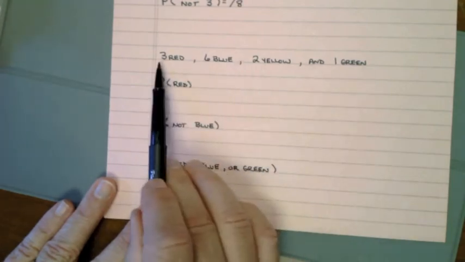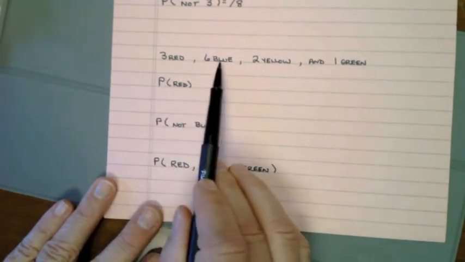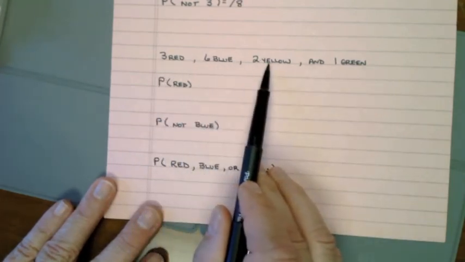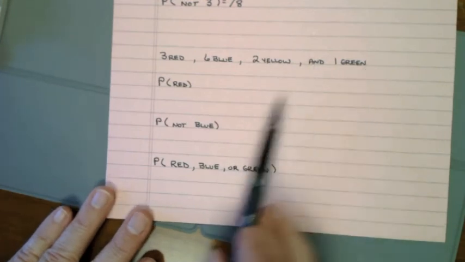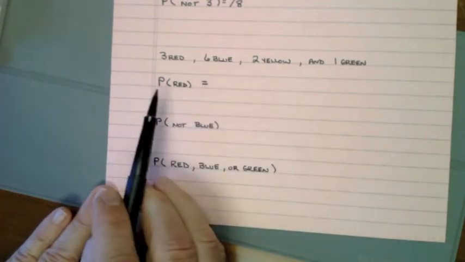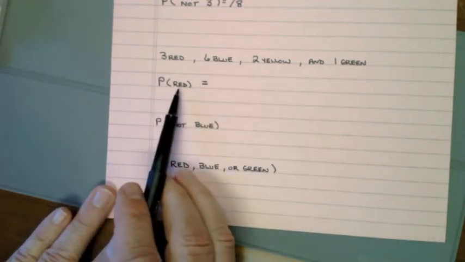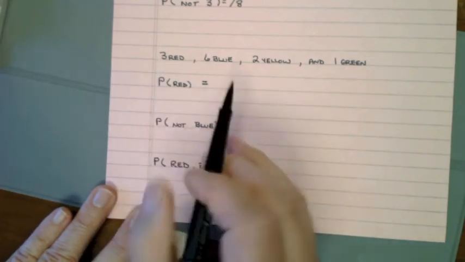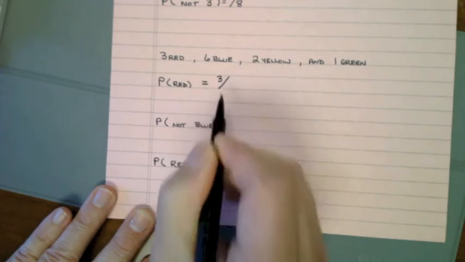This could be 3 red of anything, 6 blue of anything, 2 yellow of anything, and 1 green of anything. And we're going to find the probability of each one of these. The probability of getting a red one. Well, how many red are there? There's 3.